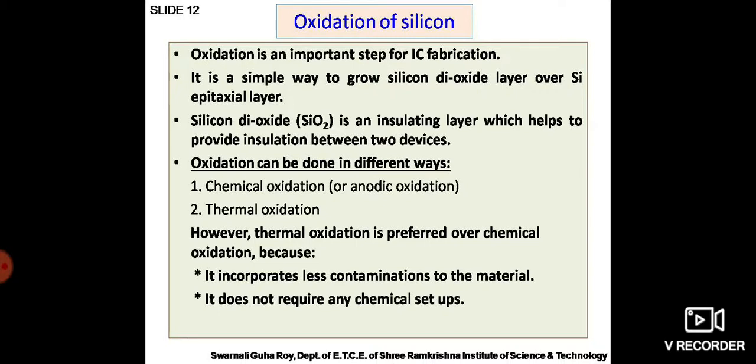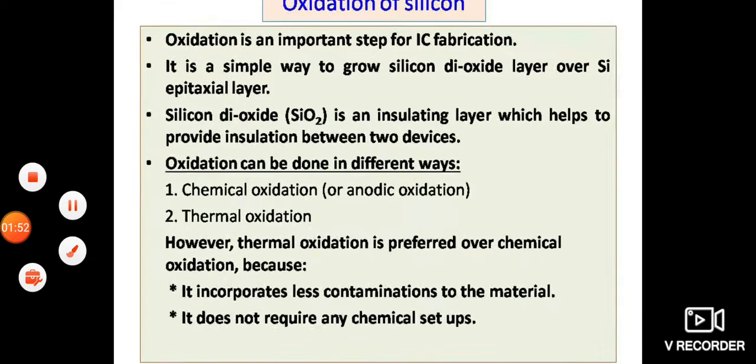Now, broadly, oxidation can be carried out in two different ways. These are the classifications of oxidation. Number 1 is chemical oxidation, which is also called anodic oxidation. And number 2 is thermal oxidation.